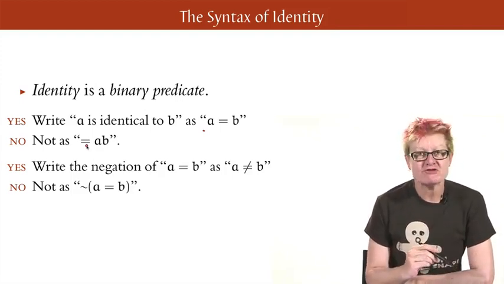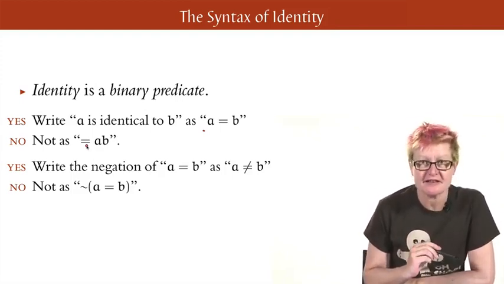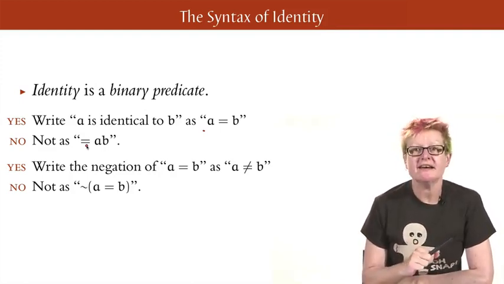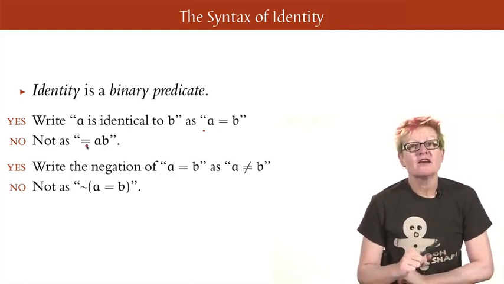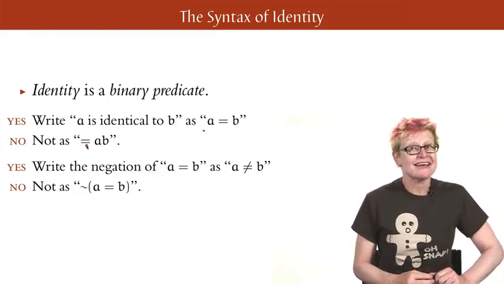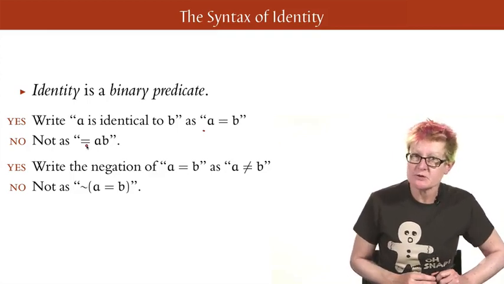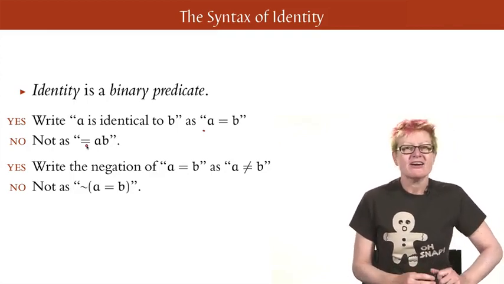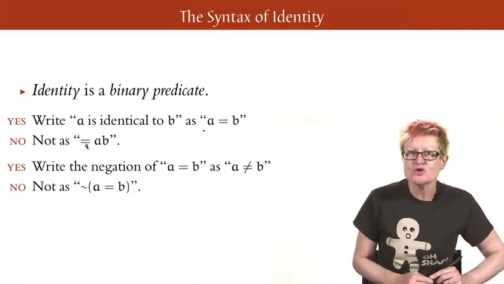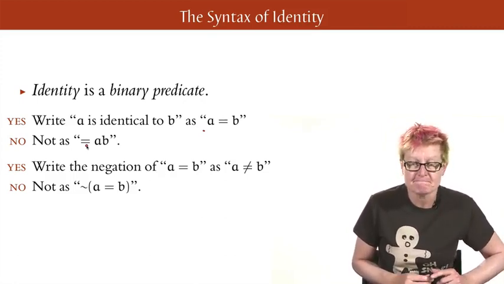Identity is most naturally written in infix form, with the identity predicate symbol between the two names. In logic, we do not say A is equal to B because that could mean equal in some respects but not others. Identity assertions express the stronger notion that two names denote exactly the same object.